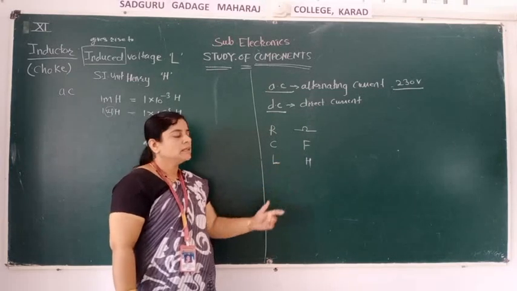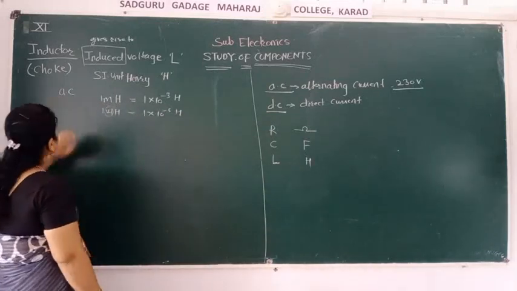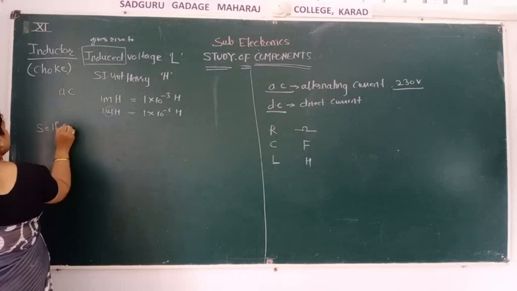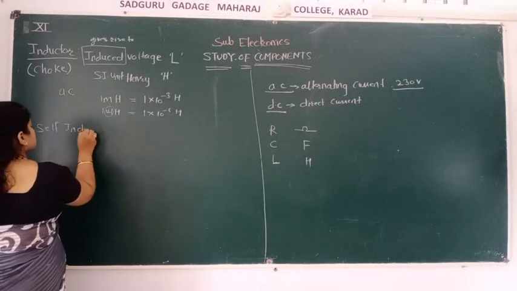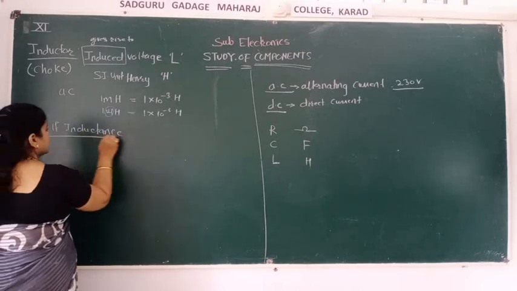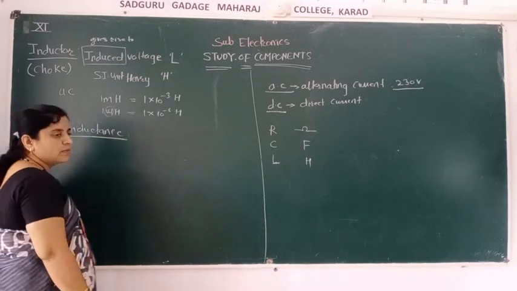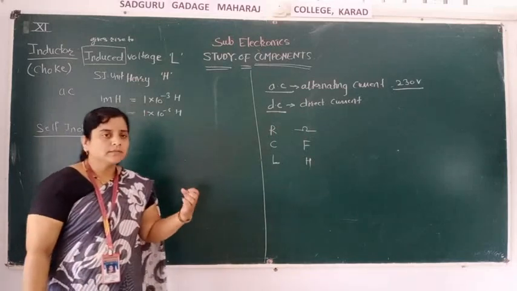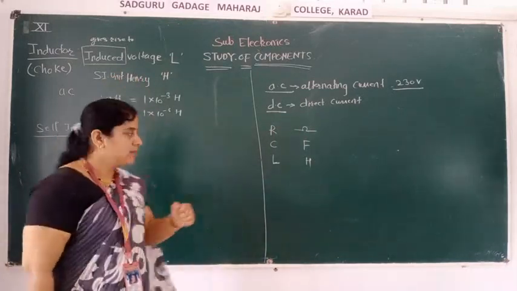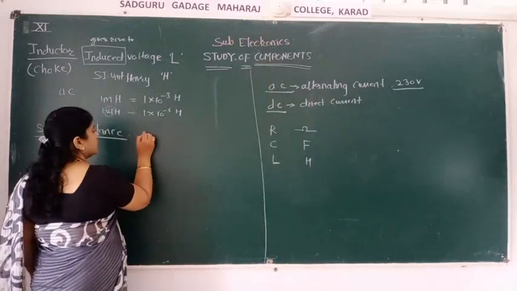Now see, this inductor has two types: self-inductance and mutual inductance. In self-inductance, what happens?